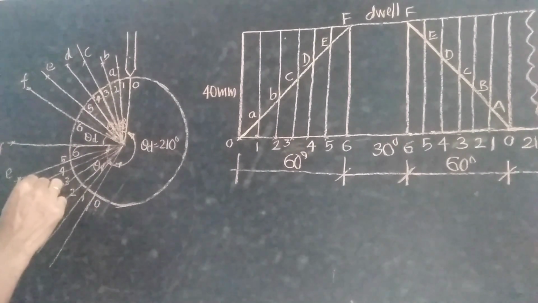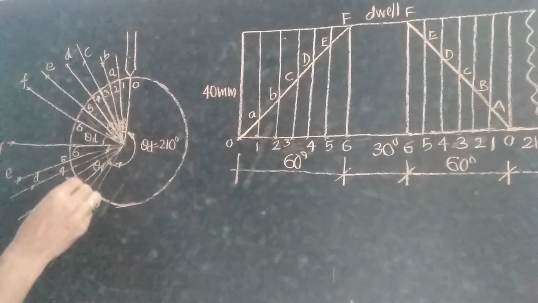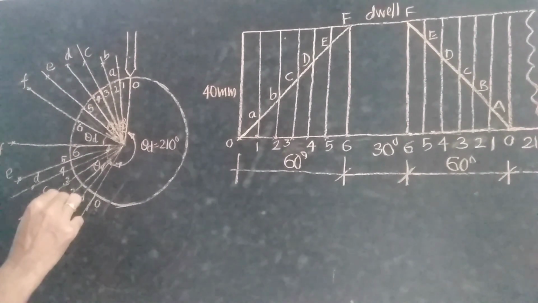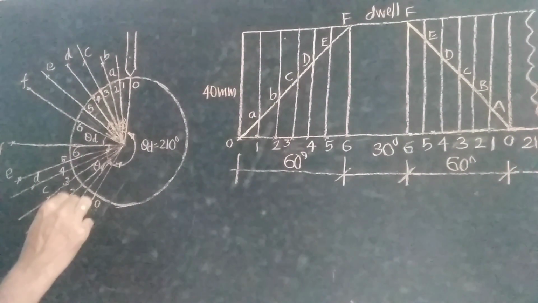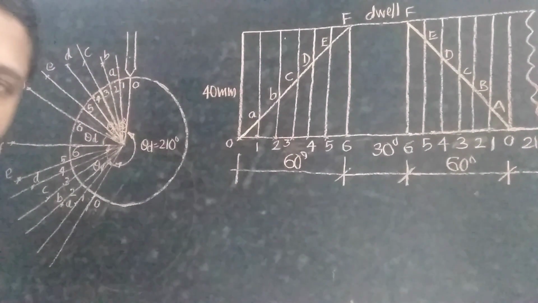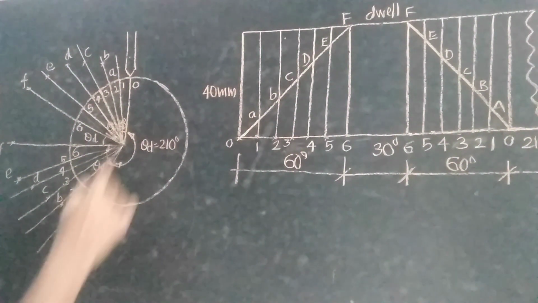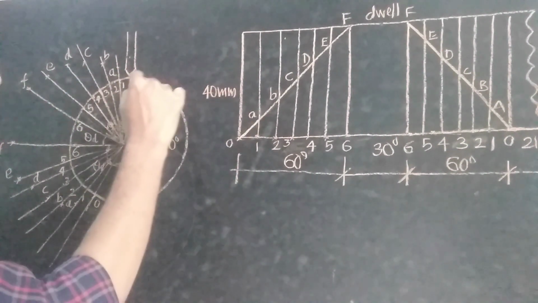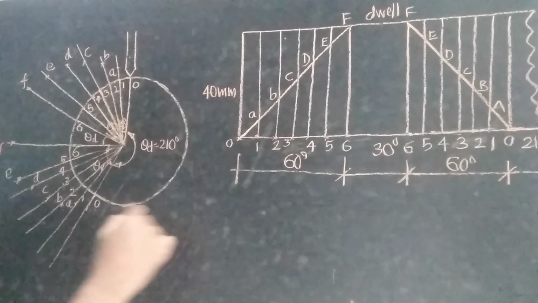Then 4d here. Then 3c, 2b, 1a, and finally 0. Then during the remaining motion, this knife edge follower must move along this circle.